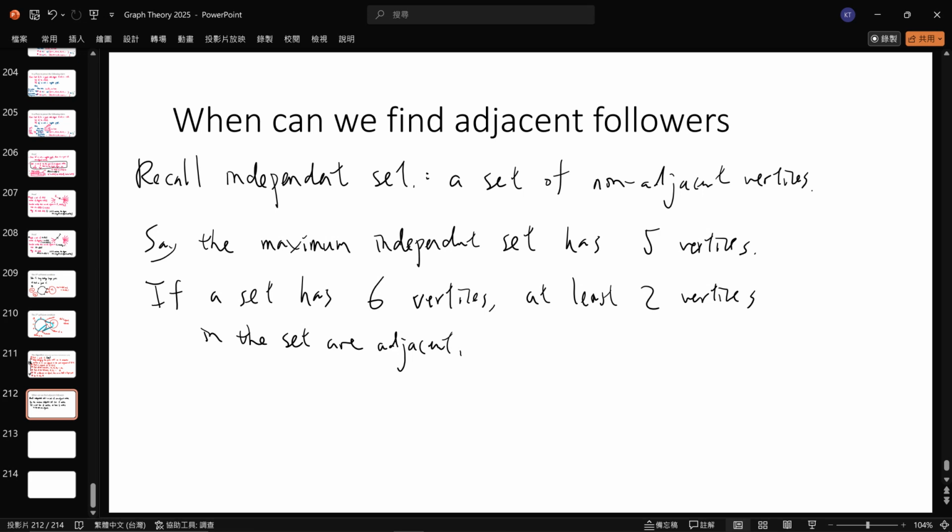So we will use this idea. The key idea is that, and I will also introduce this notation alpha G. Alpha G is the size of the maximum independent set.